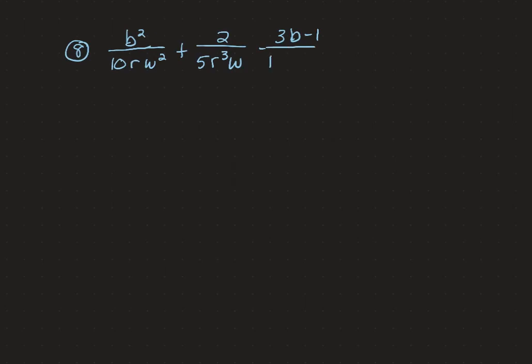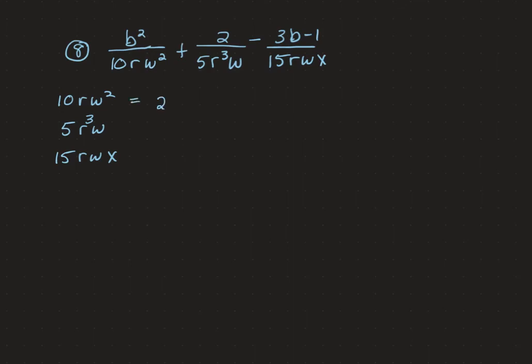What I want to do with this example is to illustrate once again the process of how we find our least common denominator. So I have rewritten each of the denominators. Let's write out the prime factorization of each of these.